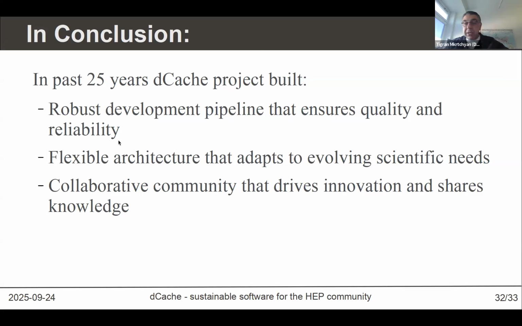And we have dCache behind Nextcloud, where file lifetime is a couple of seconds because people write a document, press Control-S and it's overwritten. Or we have the machine group, which writes telemetry from the accelerator directly to dCache. So we have different use cases, and by these different use cases at our sites, we can anticipate what the other sites will have and which parts of the system should be improved before many sites are affected.